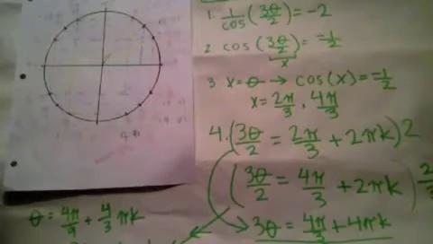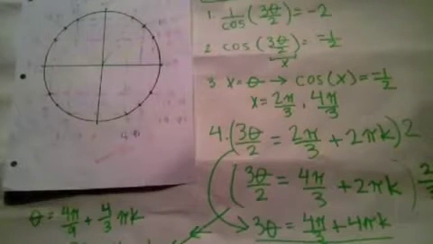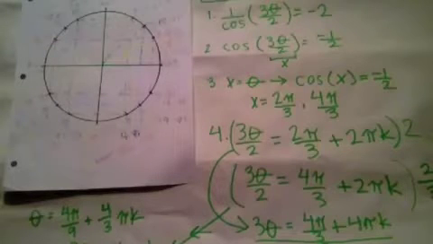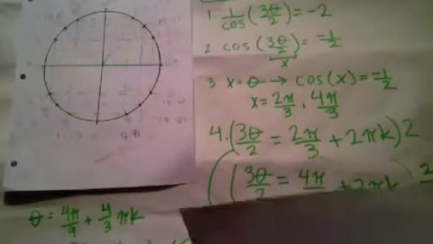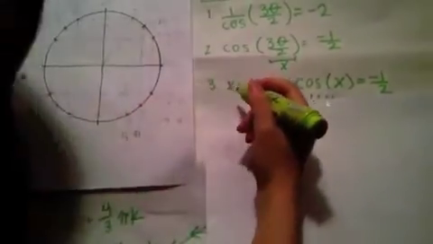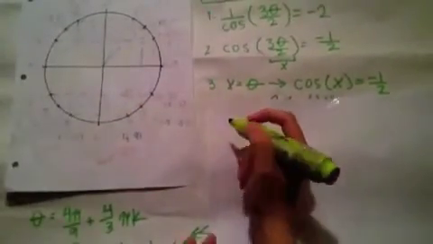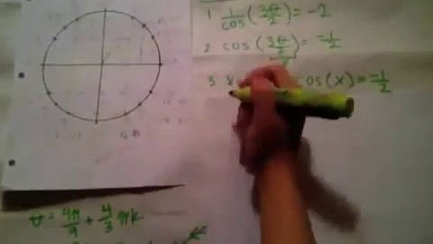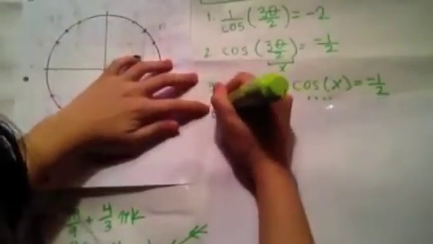So let me get another sheet of paper. I'm going to cover that up now. Okay, I hope you guys can see. Alright. So now we have this equation. I'll write it again.